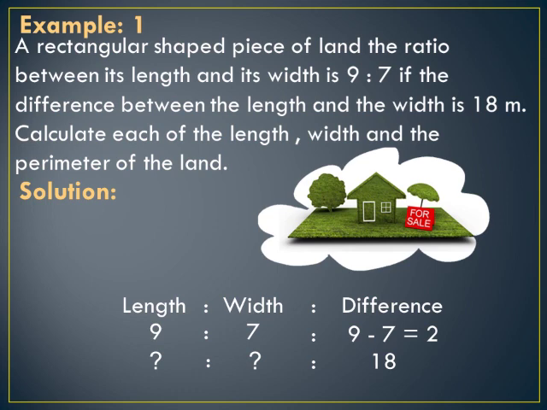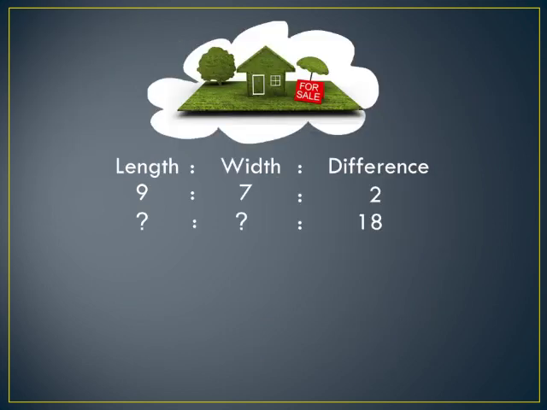Down the values, we have only the value of difference. We will put it under 2. Put 18 under 2.